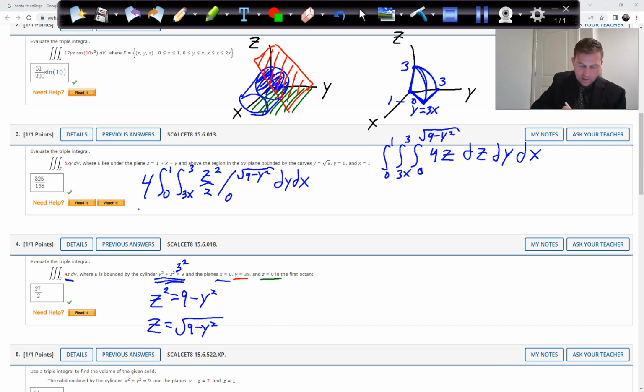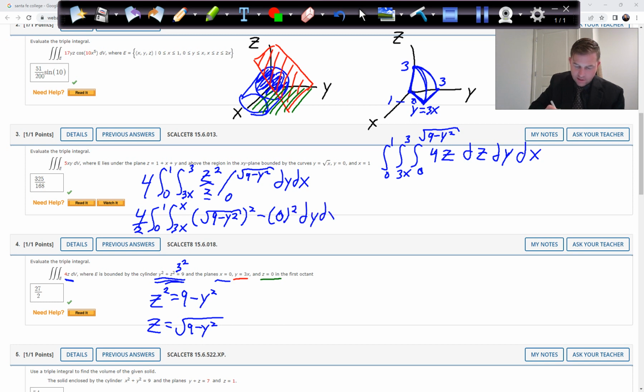Okay, let me pull this 2 out here. This would be 4 over 2. We have z squared, but when we plug in the upper limit, that's really going to be the square root of 9 minus y squared, squared, minus 0 squared.